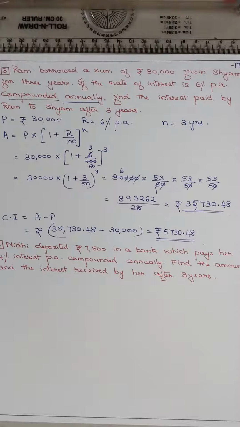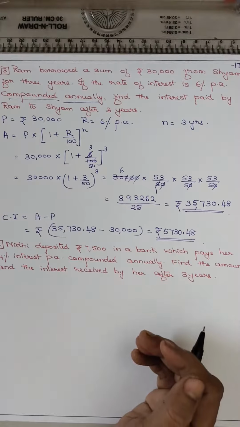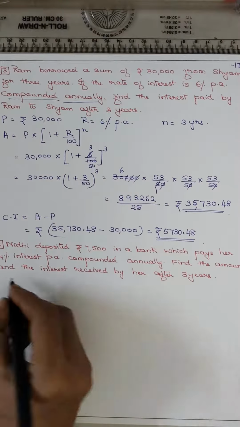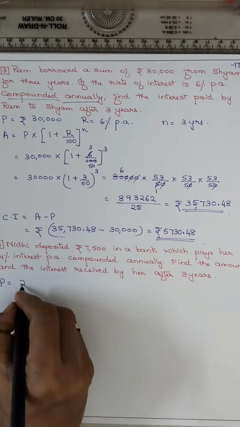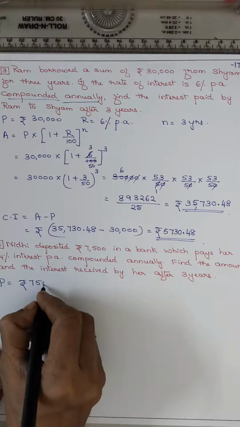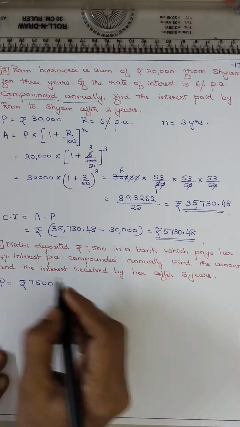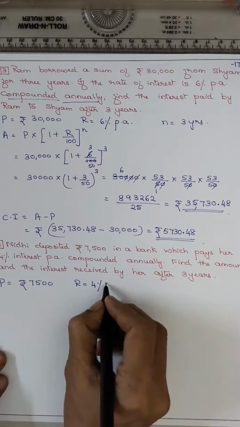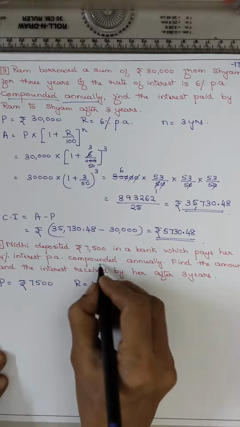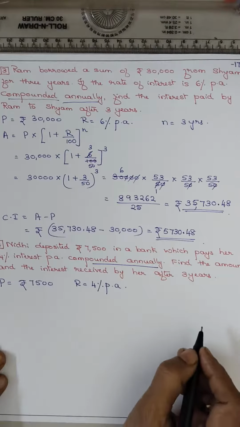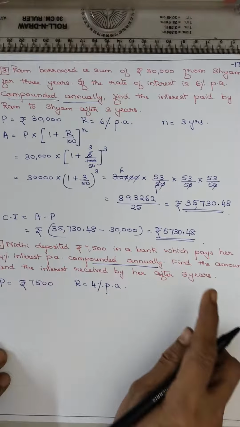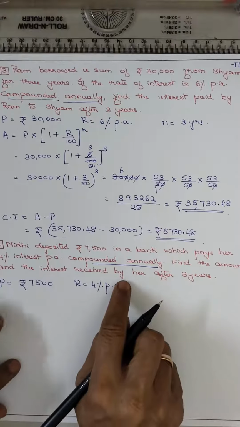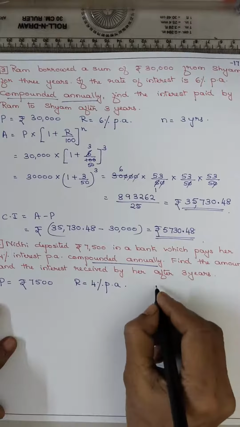Now Nidhi deposited rupees 7,500 in a bank. Means P is equal to 7500. R is equal to 4% per annum, compounded annually. So there is no change. Find the amount and interest received by her after 3 years.